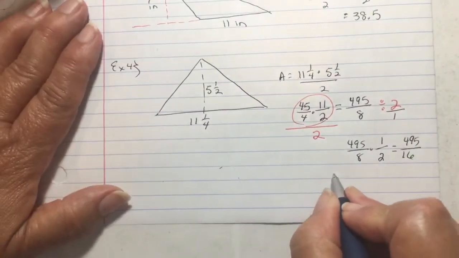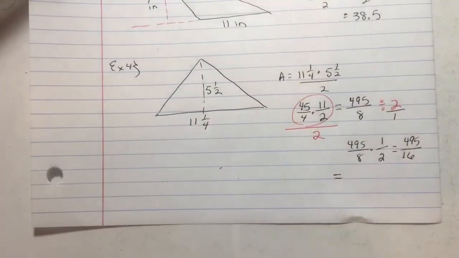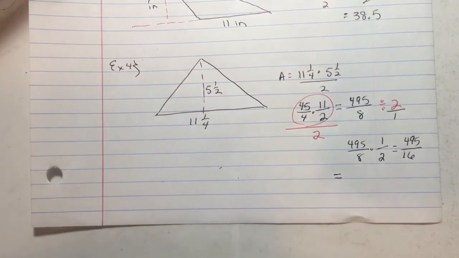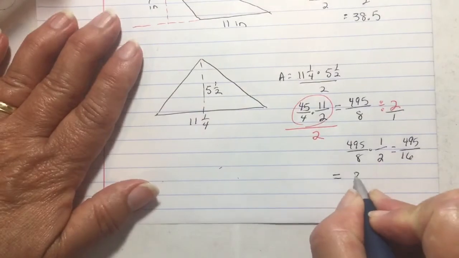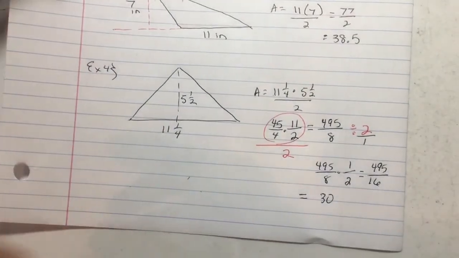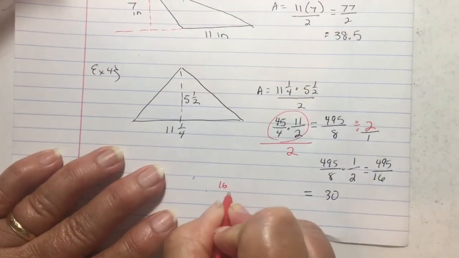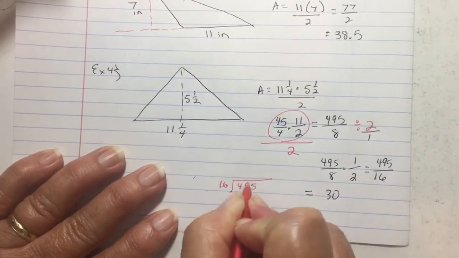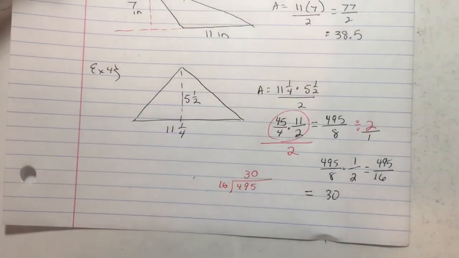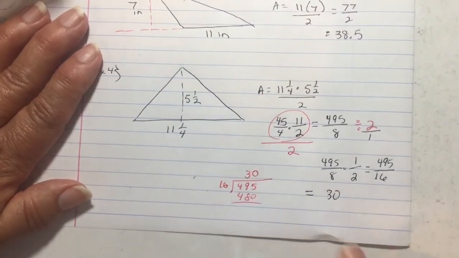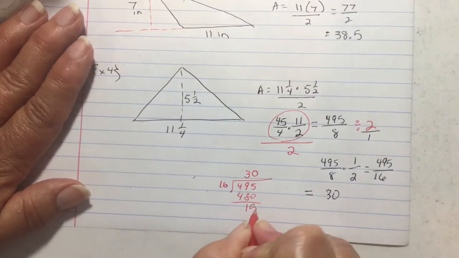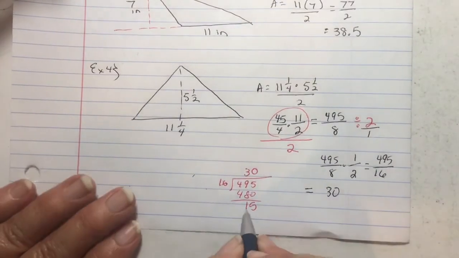The ones on the worksheet will be so much nicer, but I'm going to go ahead and see how many times 16 can go into 495. It goes in 30 whole times. When I multiply that out, I get 480. So I can see that I have 15 remainders, 15 sixteenths.